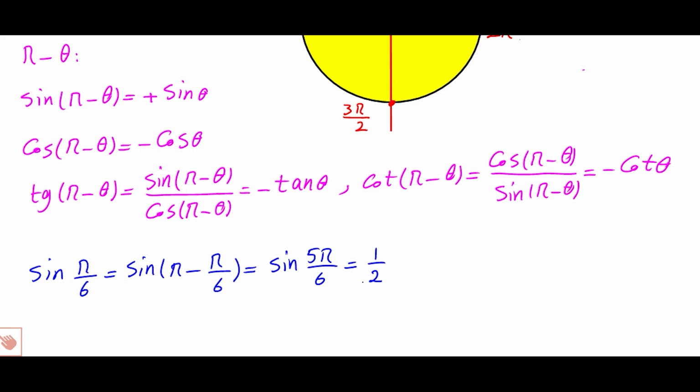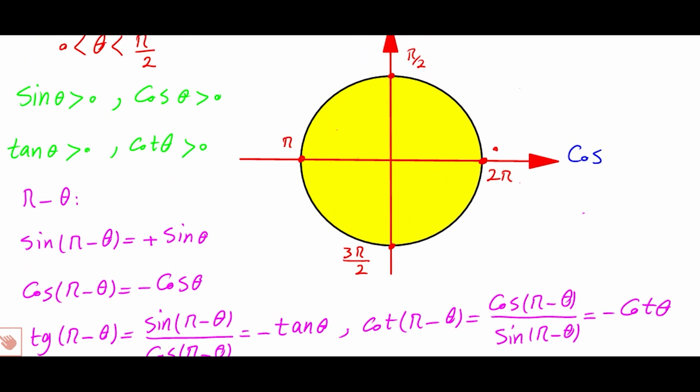Let me explain it on the unit circle. Look at here. This angle is pi over 6, and here is sine of pi over 6, which is equal to 1 over 2, and here is pi minus pi over 6, because this angle is pi over 6.